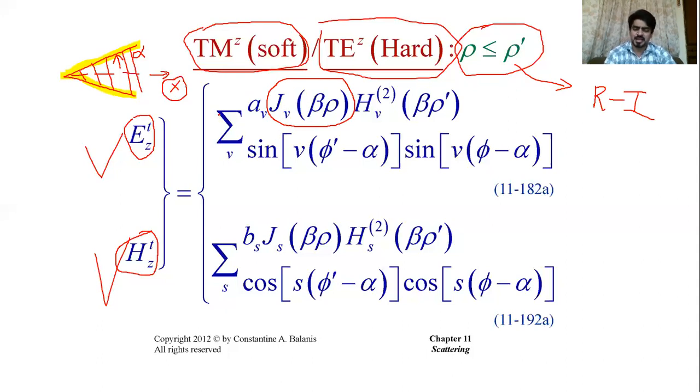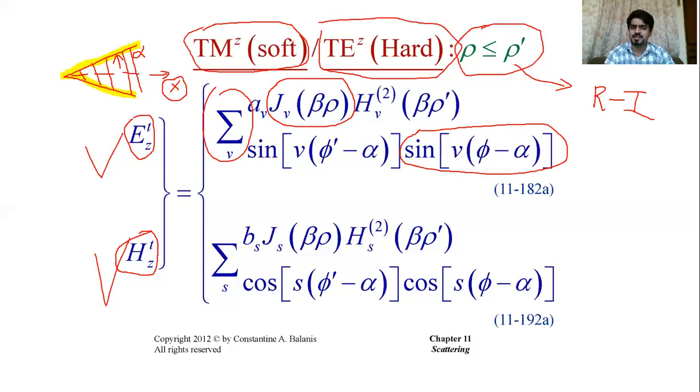Now, again, you have an infinite number of these Bessel functions, and you add them together. Along with that, in the phi direction, we also have sine v times phi minus alpha.